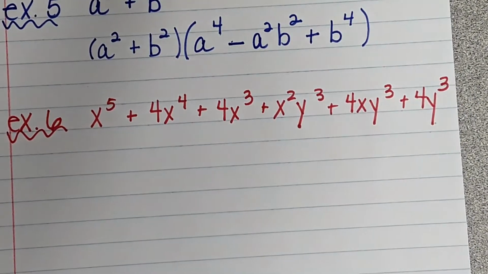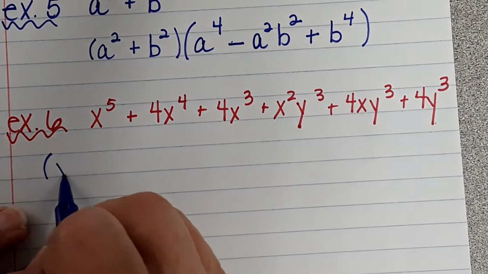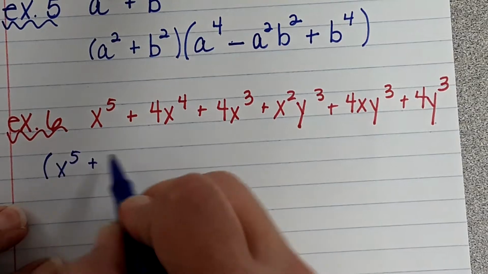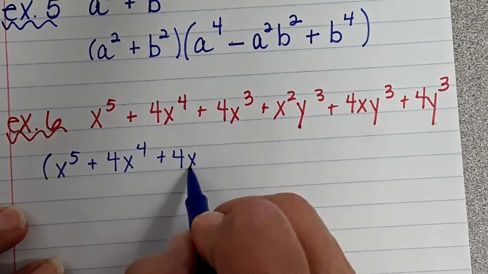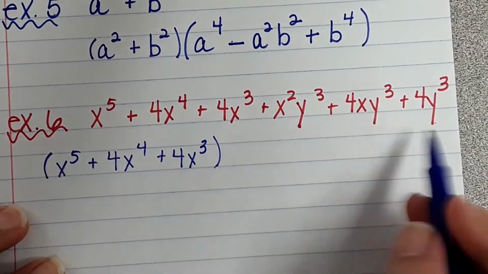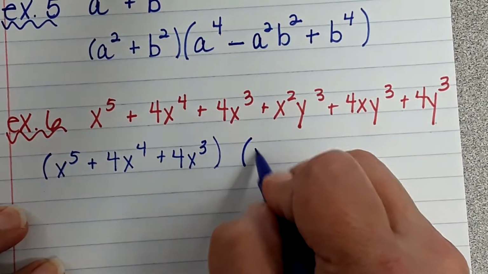They look like they're grouped together perfectly. So we're going to group the first 3 together and we're going to group the second 3 together.